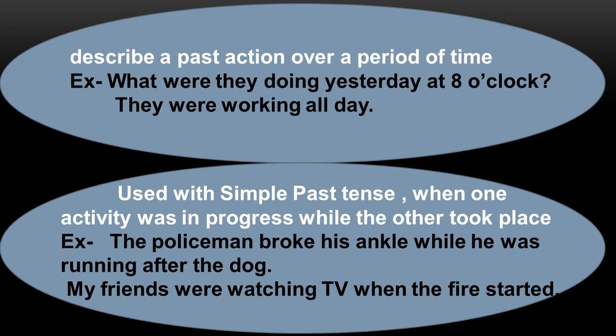That means sometimes it is used with simple past tense to show that one activity was in progress while the other took place. Another example, my friends were watching TV when the fire started. That means friends were watching TV, the action was in progress when the other action took place, that is when the fire started. So they were the uses of past continuous tense.